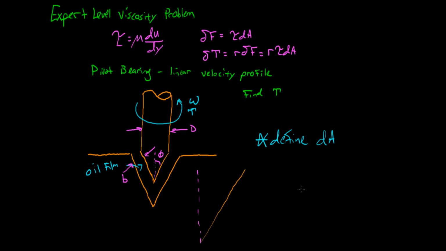Offset from that some distance is the outer wall. This wall is, of course, stationary. This inner wall is rotating, and we defined this angle as phi. And this gap here was called b. That's the thickness of the gap, b.